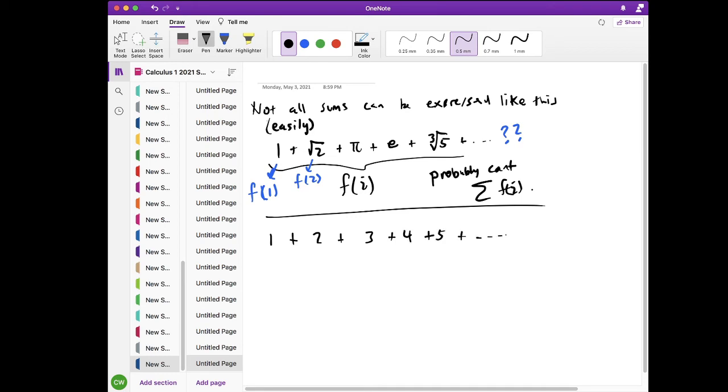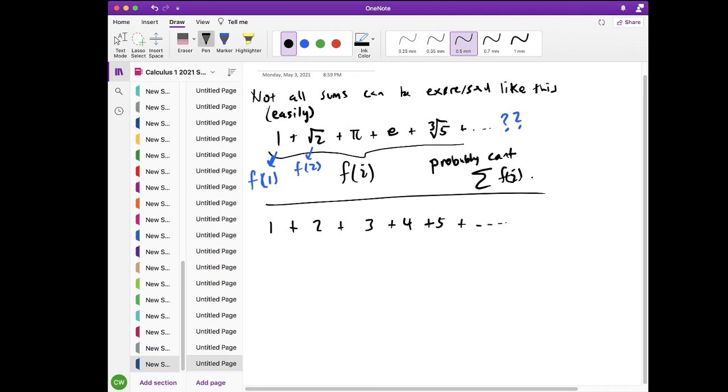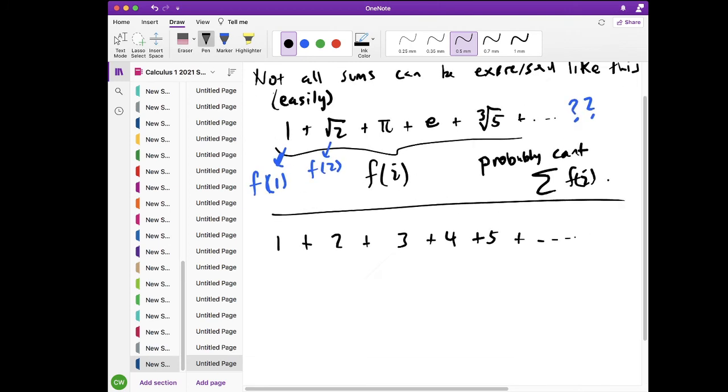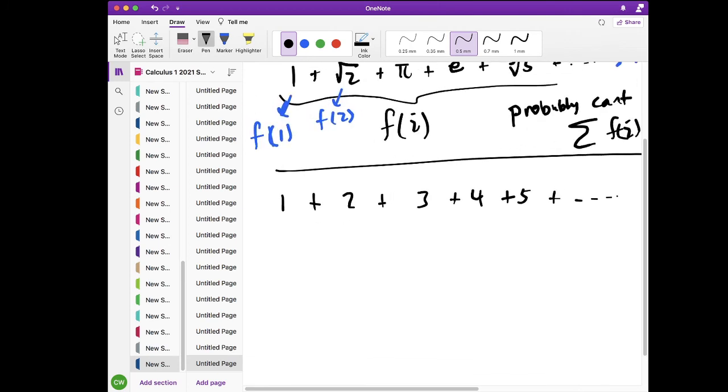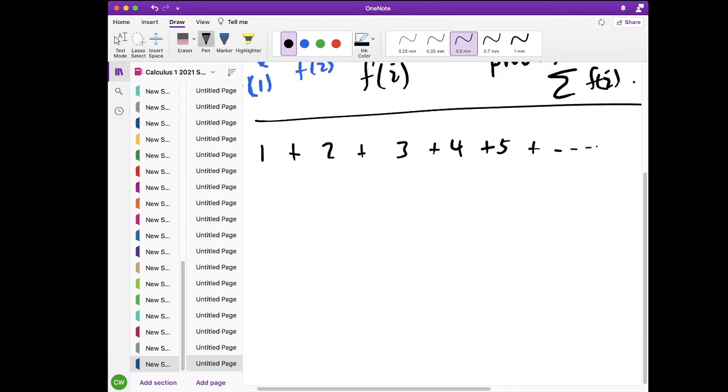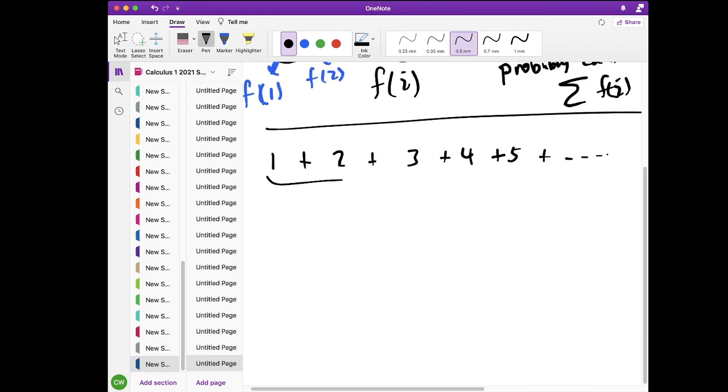What's the function here? Is there a function that has integer values with all these? What is f of x? Yeah, f of x is equal to x.